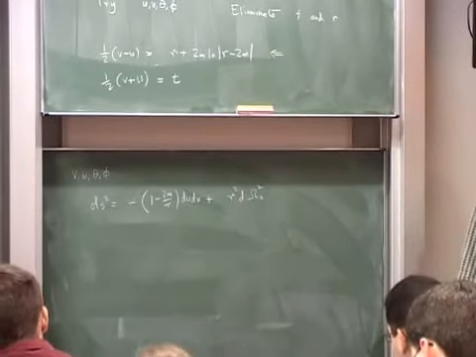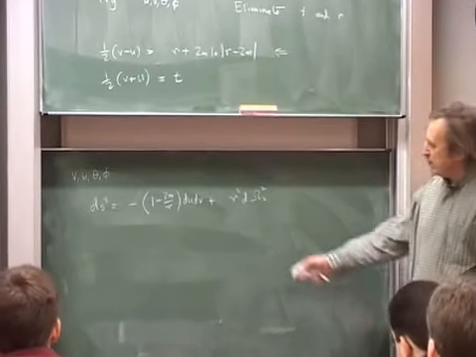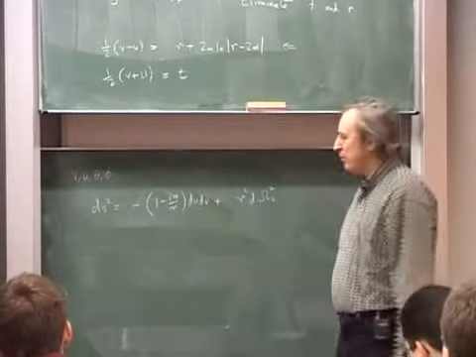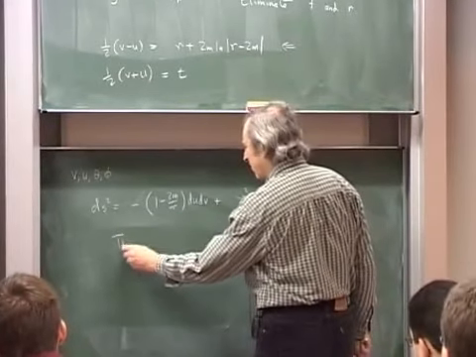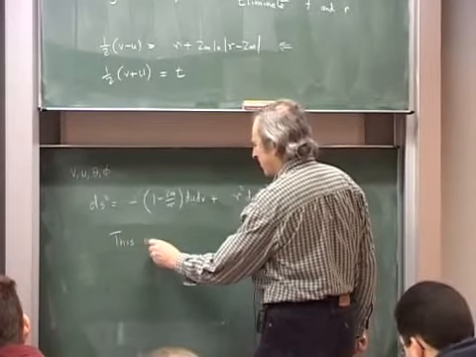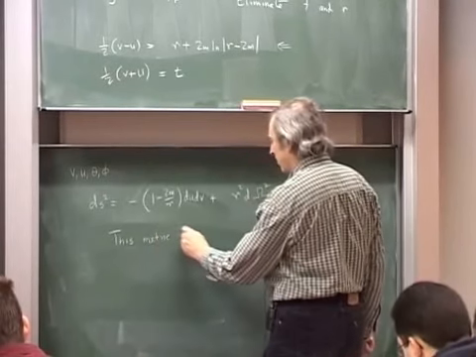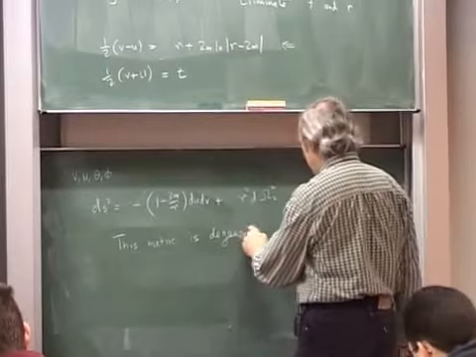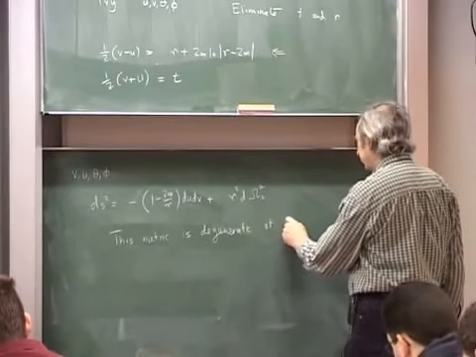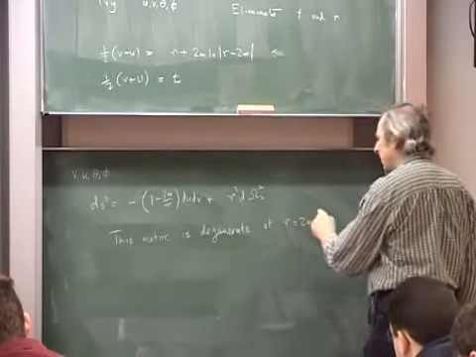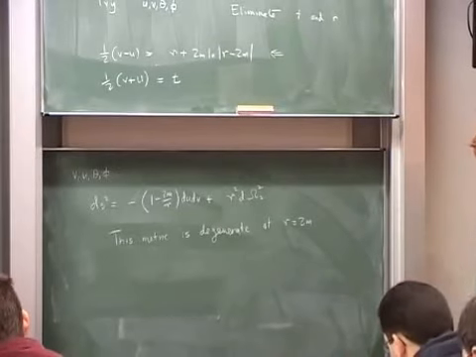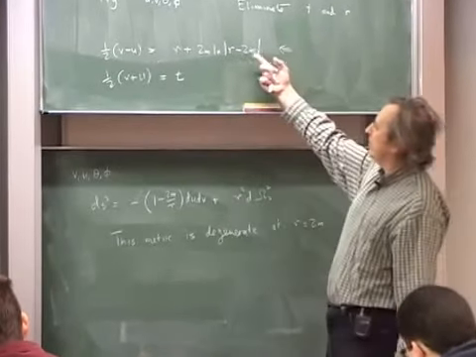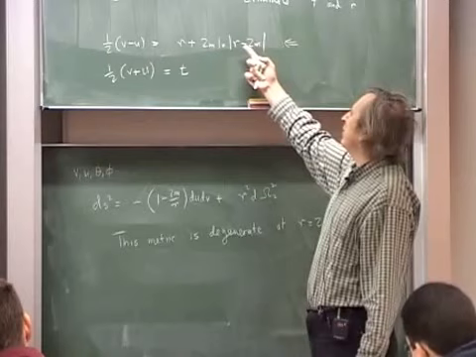So this is obviously a brave try, but this metric is completely degenerate at r equals 2m. So that corresponds to v minus... well, you can see that you're obviously asking for trouble because this thing is infinite.